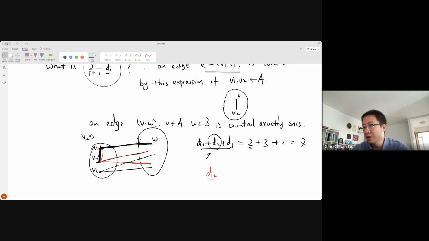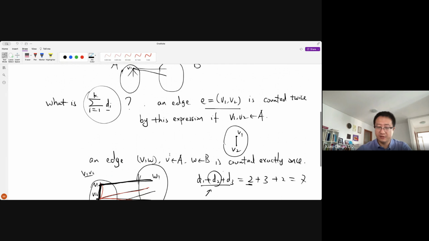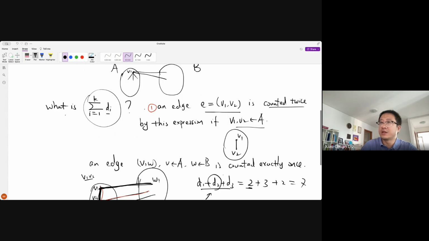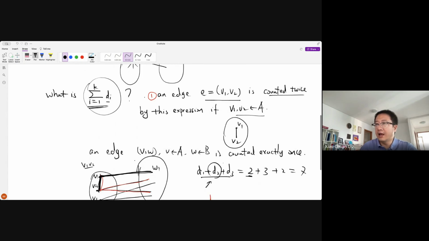So, two sentences. First, an edge V1, V2, if both belong to A, is counted twice by this expression. And an edge VW, this kind of edge, V belongs to A, W belongs to B, is counted only once.